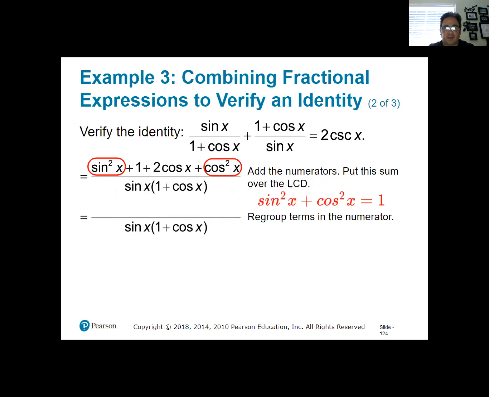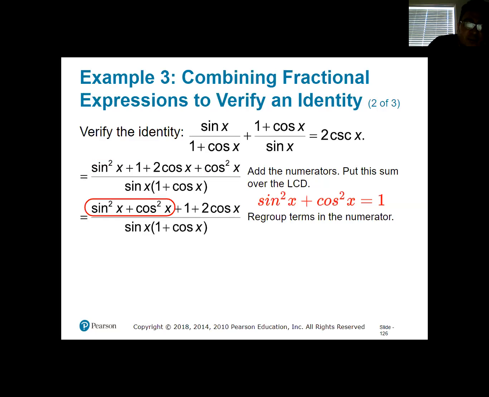A helpful thing, right? If you recall, sine squared of x plus cosine squared of x is equal to 1. So if I put these together, I can replace that whole piece with a what? A 1. I replace all that with a 1, okay?